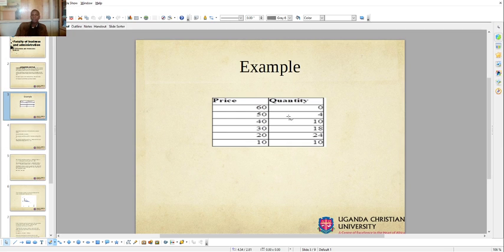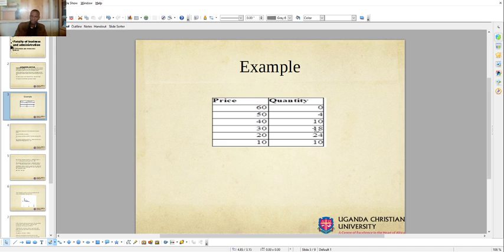At 50, the consumer would have paid 50 times 4. You get 60 times 0 for what the person was willing to pay, plus 50 times 4, plus, at 40, we use the difference: the person would have gotten 6 extra units, so 6 times 40.